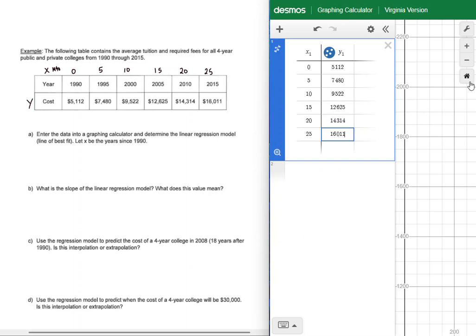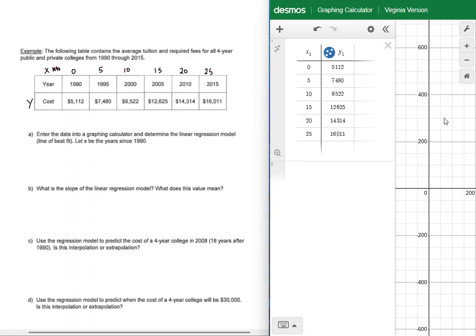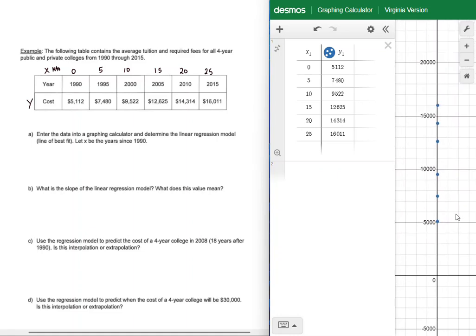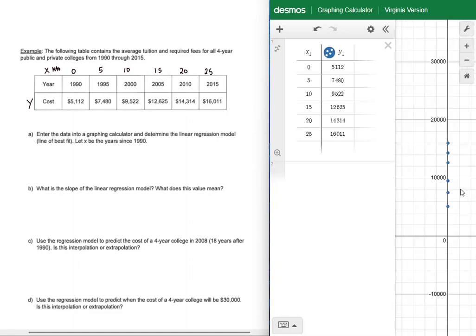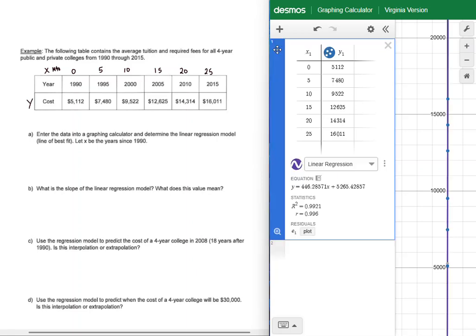Okay, I'm going to press the home button, and obviously the numbers are really, really way up there, right? Super, super up there. So when I look at this, it's really hard for me to tell if it's perfectly linear or not. But anyway, that's what it is. So let's go ahead and do the regression. To do the regression, we press this, add regression. It's a linear regression.